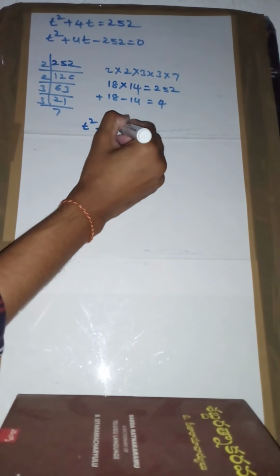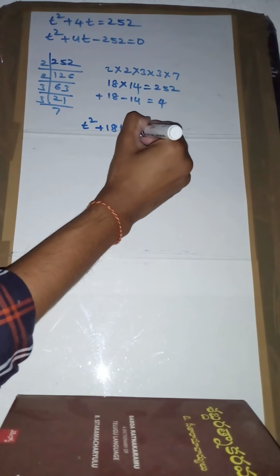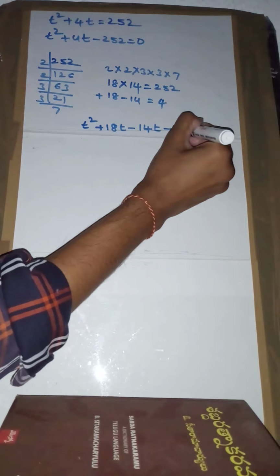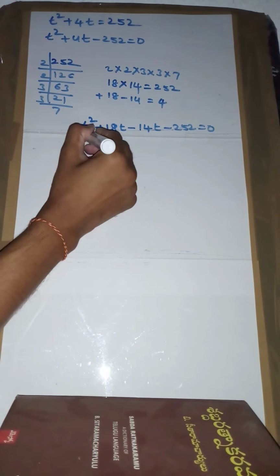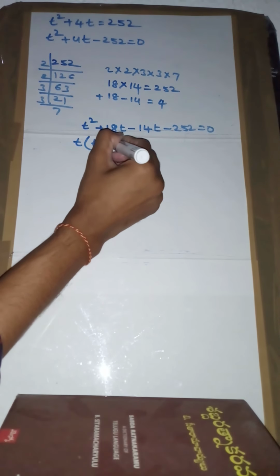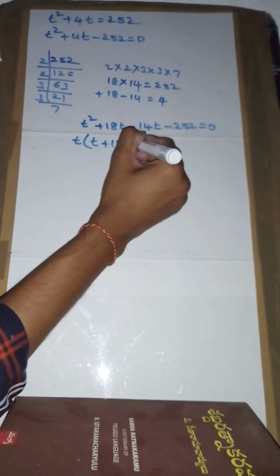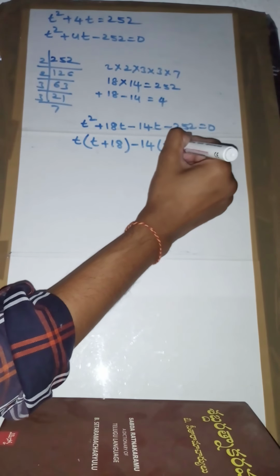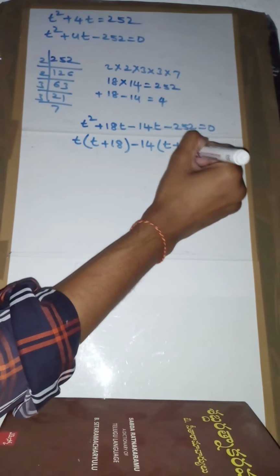Therefore, t square plus, instead of 4t, I will write 18t minus 14t minus 252 is equal to 0. Therefore, I will take t as common: t into (t plus 18) minus 14 into (t plus 18) is equal to 0.